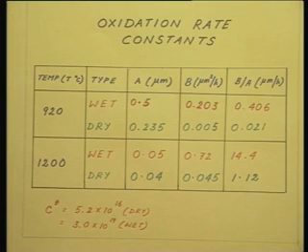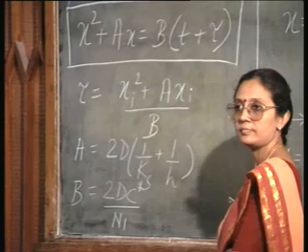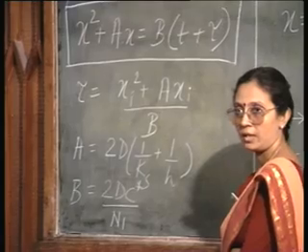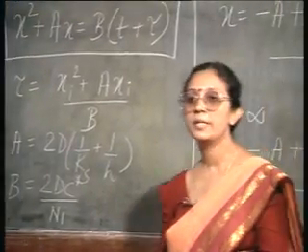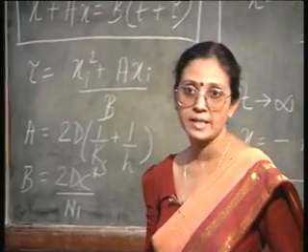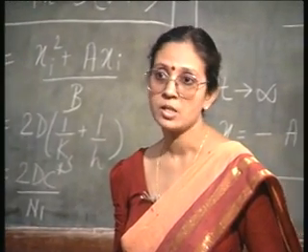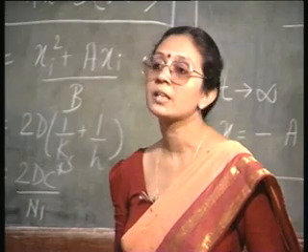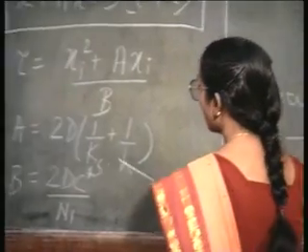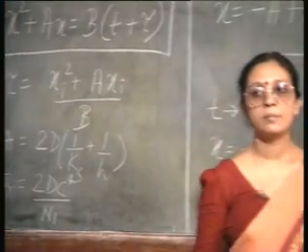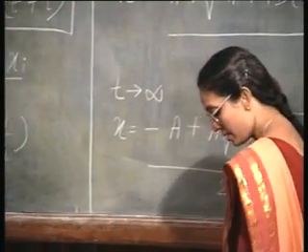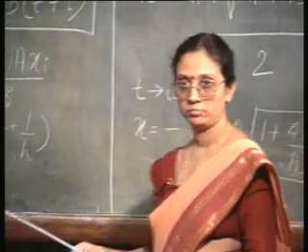Let us look at this. The fact that both B and B by A in case of wet oxidation is so much larger, the key factor in it is because of B. Now, what is B? B is 2D C star by N1.